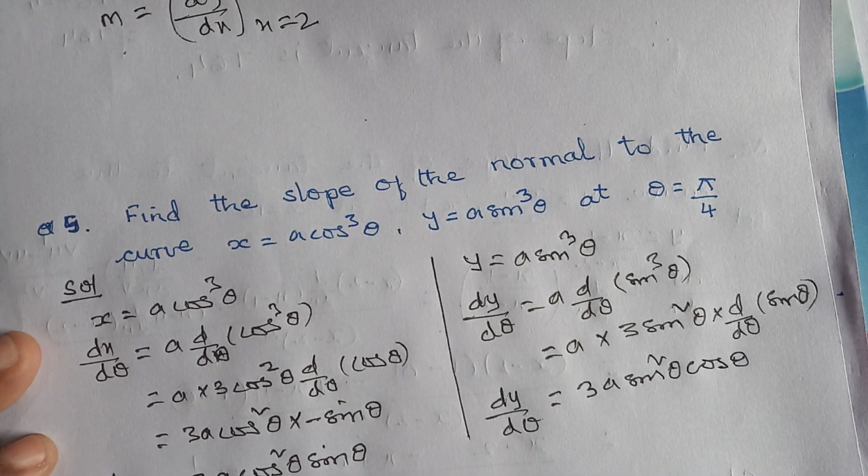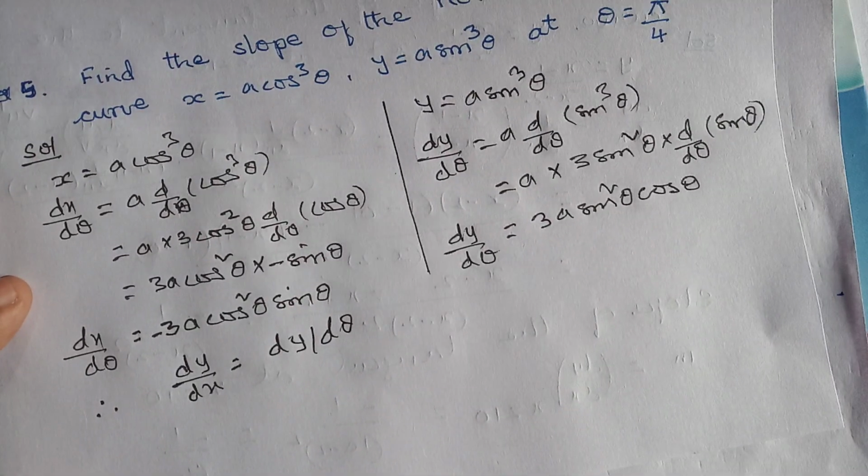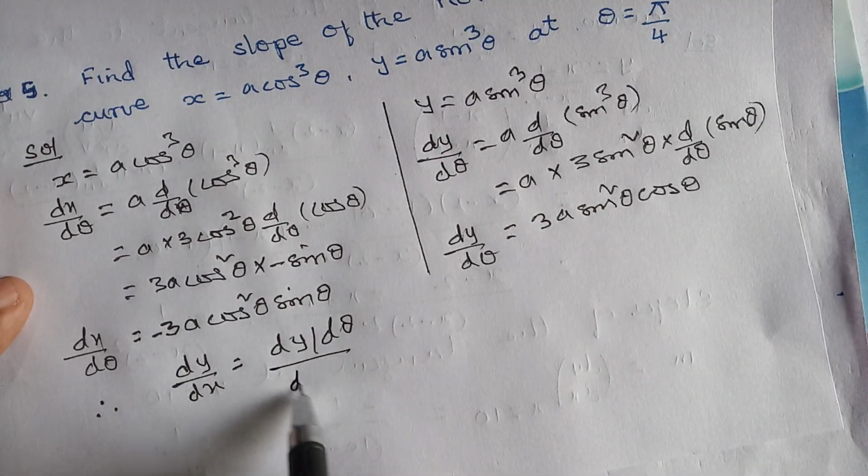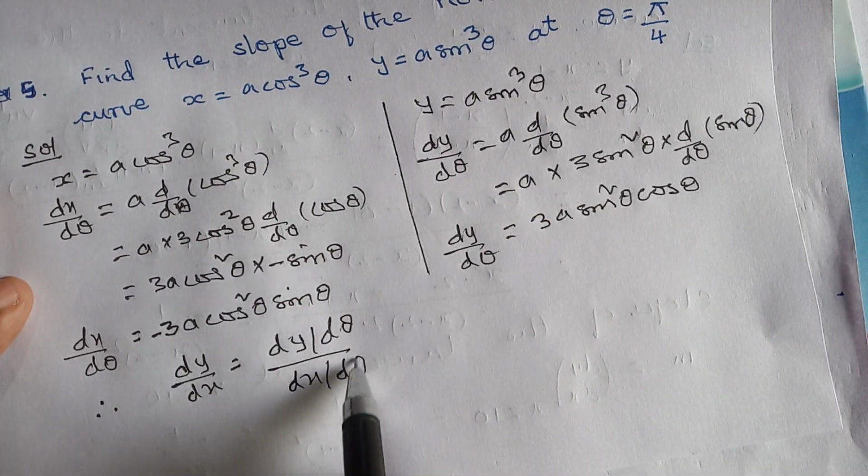Now you have to find the slope. First of all, find dy by dx, that is dy by d theta divided by dx by d theta.